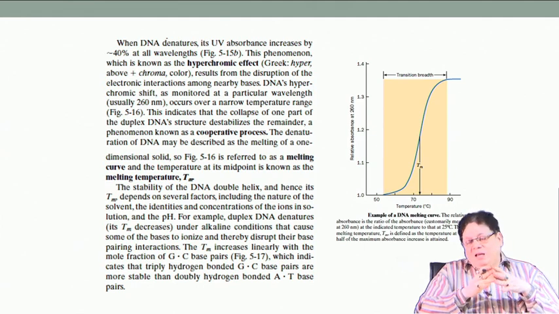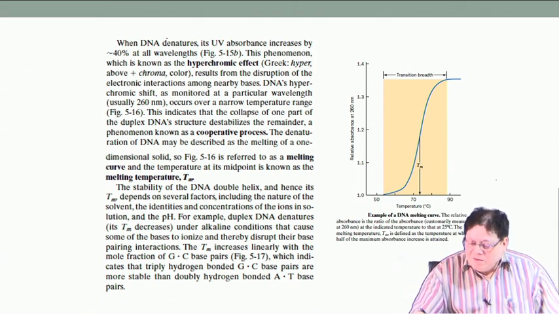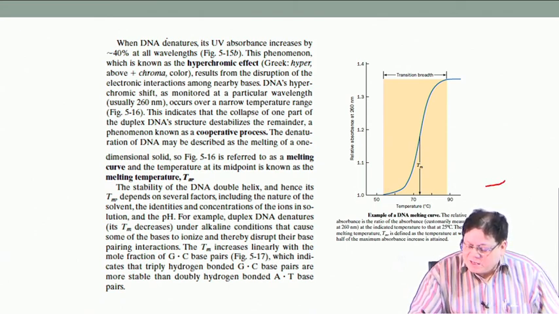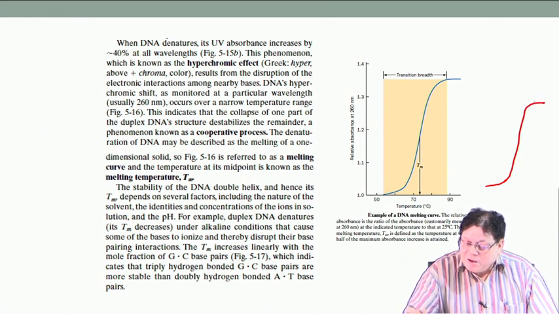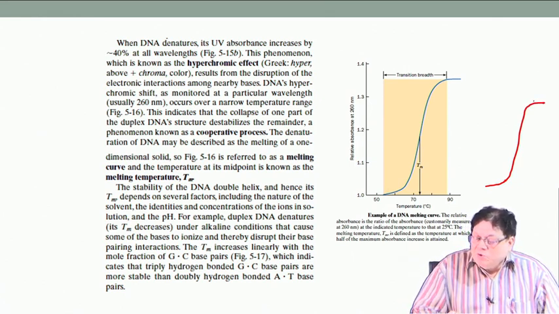What you will see is that the absorbance initially increases very slowly, not much, and finally, at a certain narrow range of temperature, it just increases and then becomes stationary. So, this will be the absorbance increment curve. Remember, we are measuring the absorbance at different temperatures at 260 nanometer.